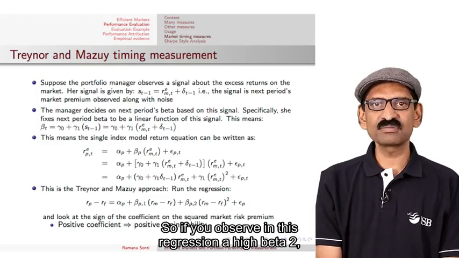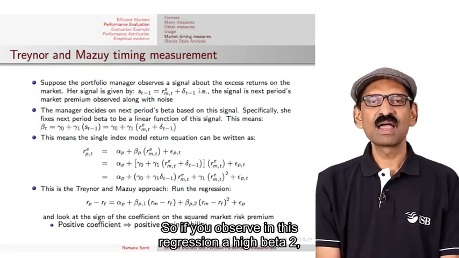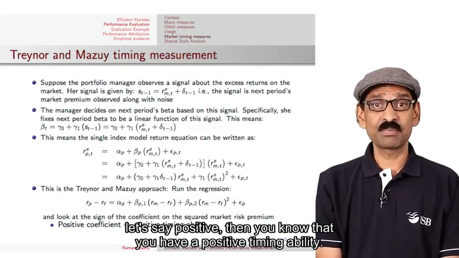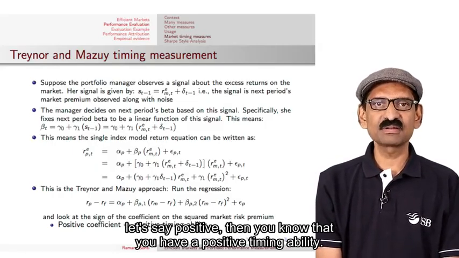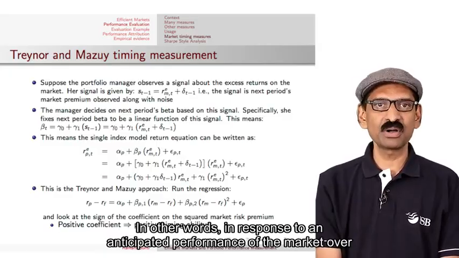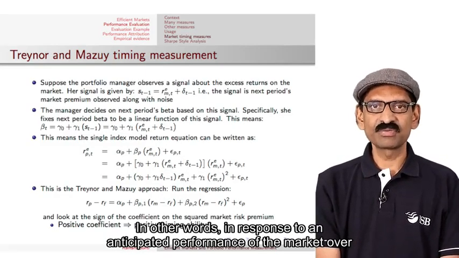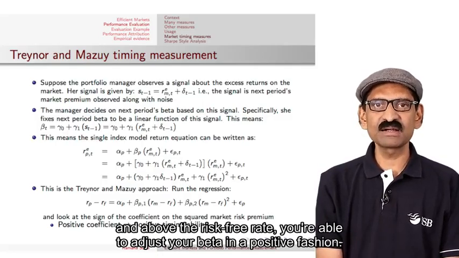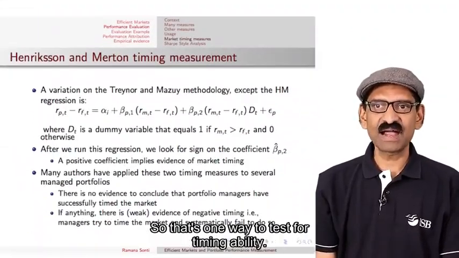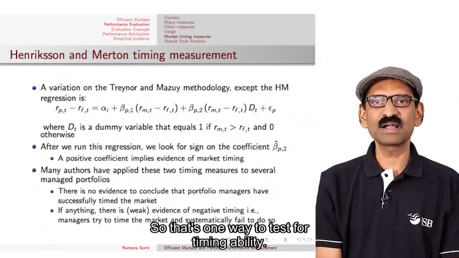So if you observe in this regression a high beta 2, let's say positive, then you know that you have a positive timing ability. In other words, in response to an anticipated performance of the market over and above the risk-free rate, you're able to adjust your beta in a positive fashion. So that's one way to test for timing ability.